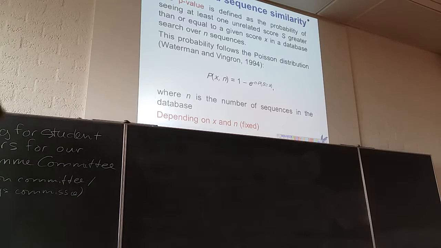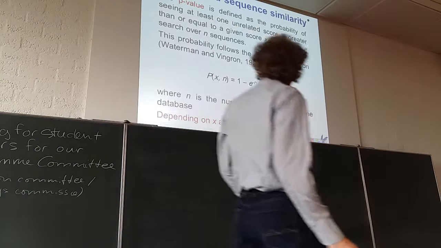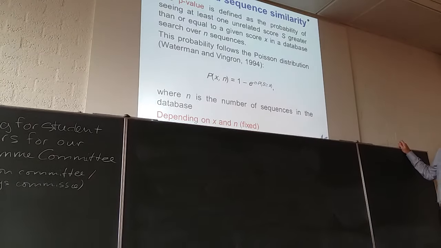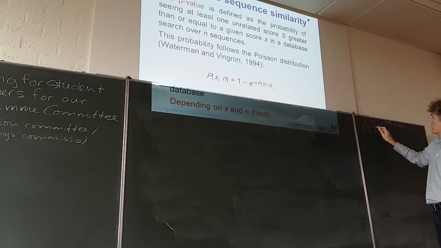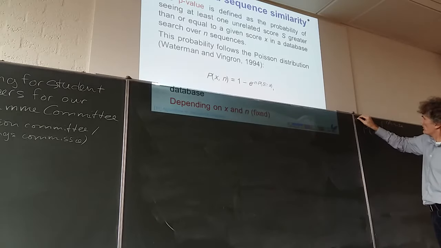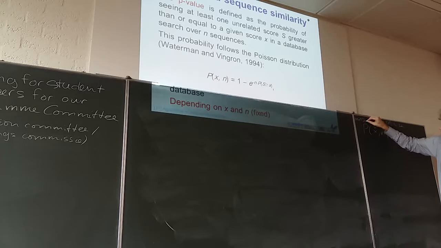I'm actually going to write the formula on the board. This is the probability of finding, in a database of size n, a hit with at least a minimum score, with a score of x or higher, right?